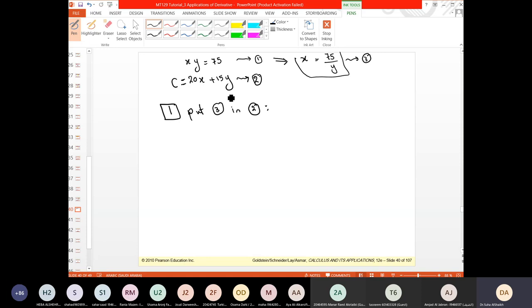So I'm gonna put equation 3 in equation 2 so that the cost becomes just a function in one variable. So the cost is gonna be just in y. They keep the x, no problem. You can do this or that. So the x now is 75 over y. I'm gonna make it all in y this time. Plus 15y. The equation became all a function in y now, as you can see.